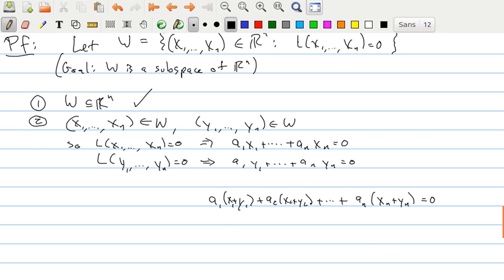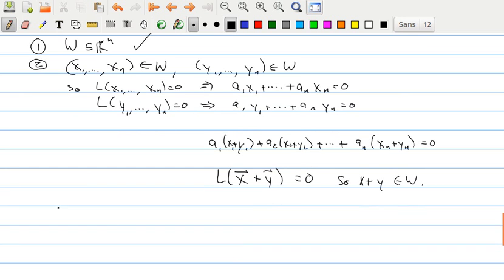Well, this right here is the definition of L of the vector x plus the vector y. So if we take 2 points in W, that means that L of x equals 0 and L of y equals 0. We've gone through a little bit of algebra here to show that L of x plus y is 0. That means the sum is also in W. So we've shown that closure under addition holds.